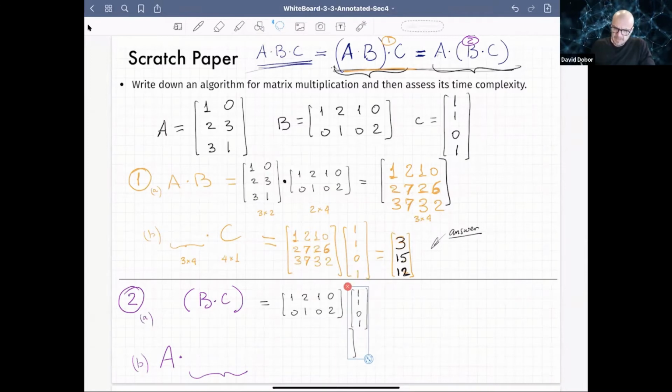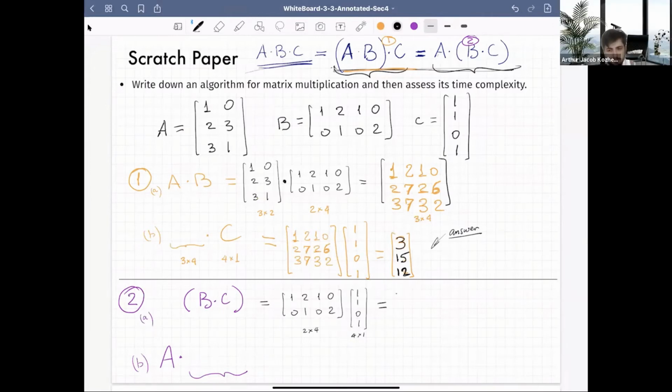So I'm multiplying these. What's the first thing I'm asking here? I have a 2 by 4 matrix multiplied by a 4 by 1 matrix. What comes out on the other side? 2 by 1, right?